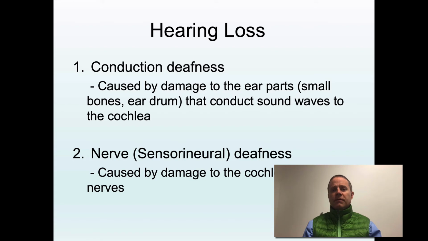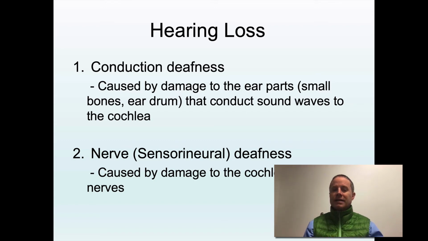There are also a couple of different types of hearing loss. One of them is called conduction deafness. Conduction, think about the sound wave being conducted through your ear. It has to go through the eardrum and it has to vibrate the little bones that are in there. If those are damaged, that's called conduction deafness.